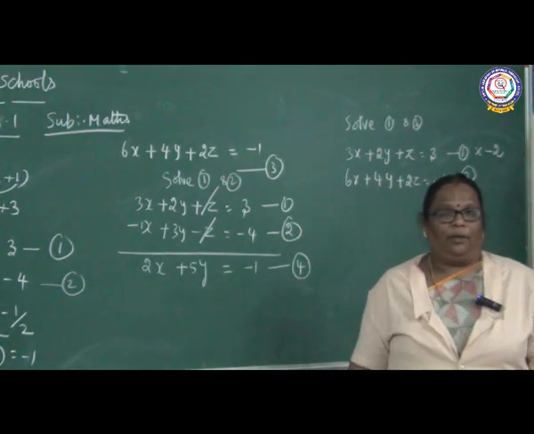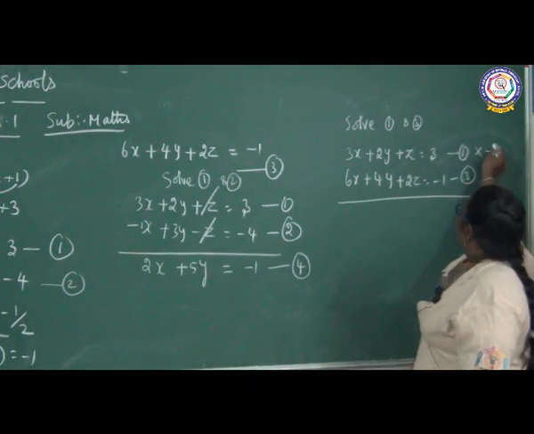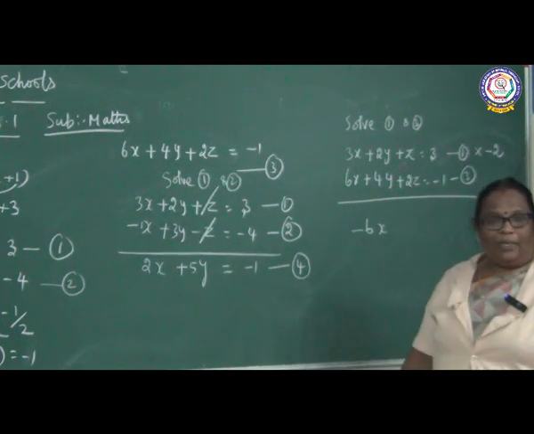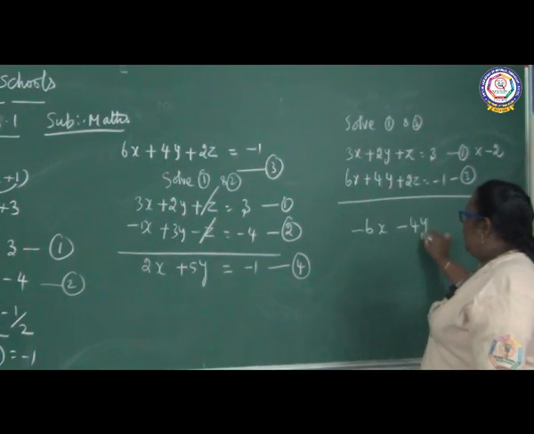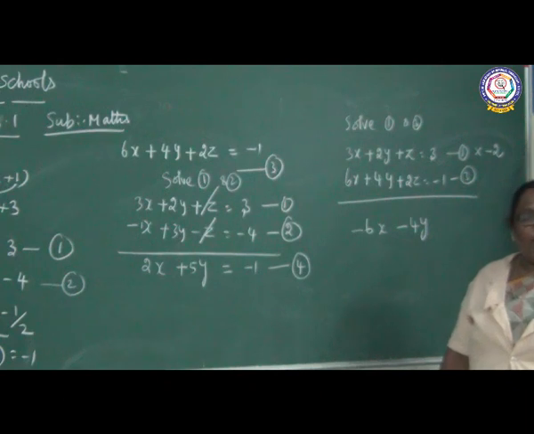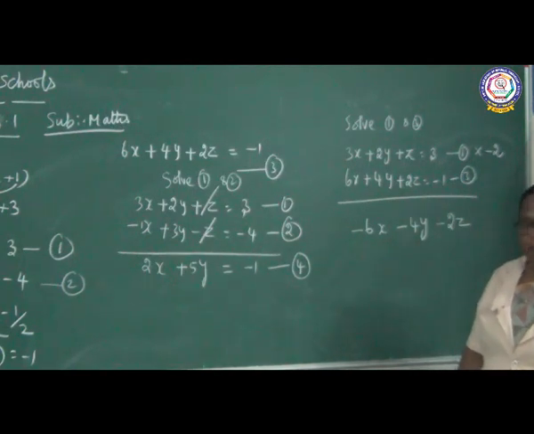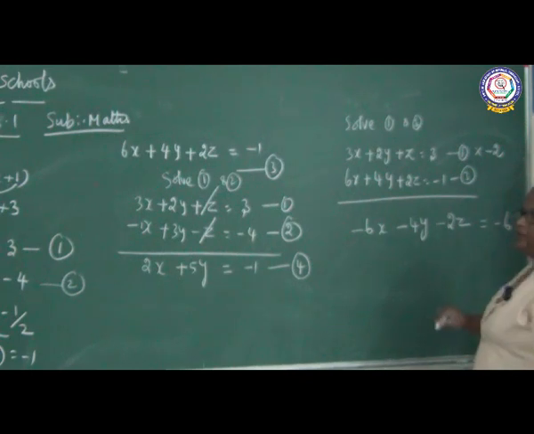Multiply: minus 6x minus 4y minus 2z equal to minus 6.